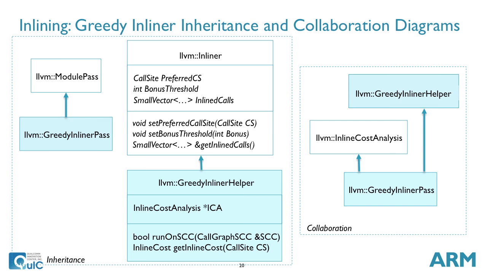The helper is the glue between the grid inliner logic for computing weights and ordering call sites and the underlying LLVM inliner. We did modify the inliner interface a little bit just to have enough way to communicate with it about the call site we wanted to work on, the bonus policy we want to apply to that call site, and eventually when a function is inlined, to retrieve back the new call sites exposed by that inlined function.